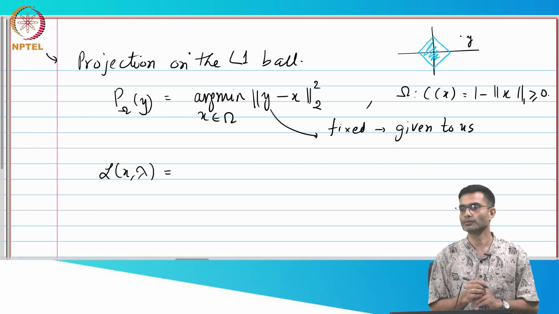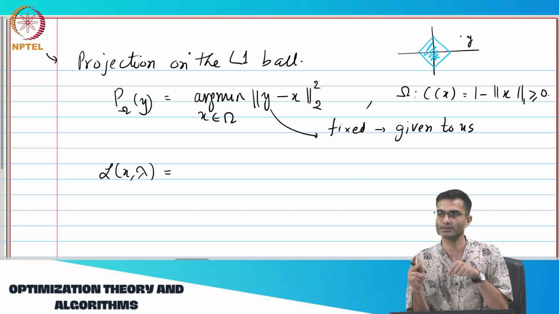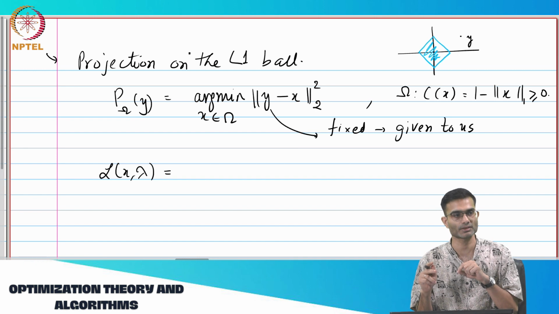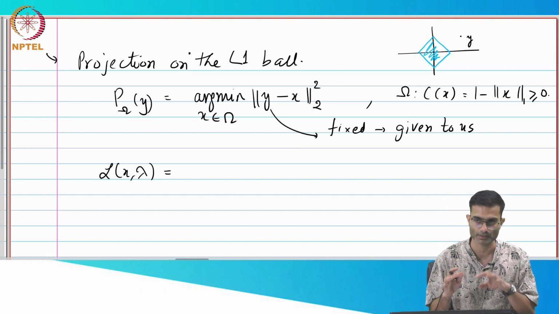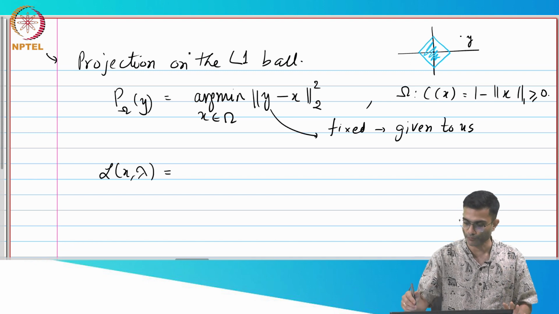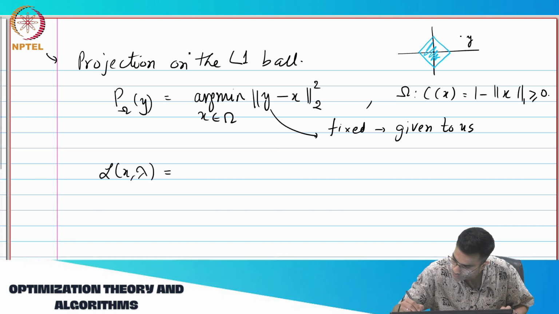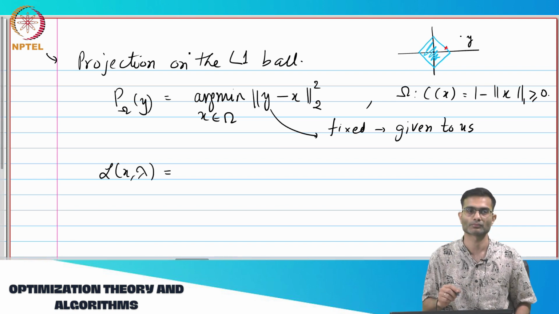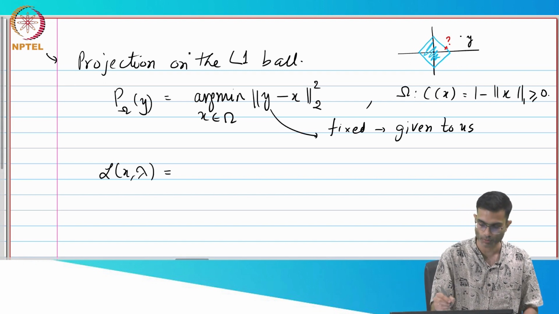I am asking you, from this blue box, tell me the point which has the smallest distance, and here smallest distance is Euclidean distance, 2 norm, because the definition of the projection operator does not change, that remains 2, right. So of all of these points, it might be some point over here. So tell me what this point is. Okay, that's what I want.